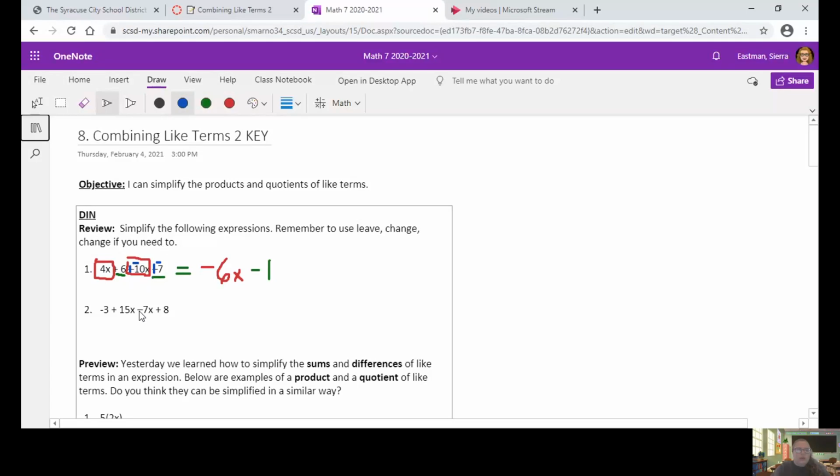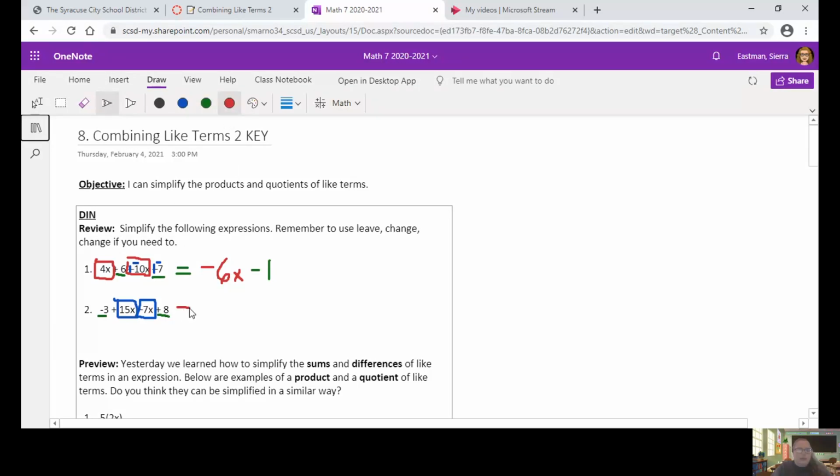I'm going to go ahead and do that same thing for number 2. If I look at some like terms, here are the two terms with x's, positive 15x and negative 7x. Here are my two terms without any variables, which makes those like terms as well.